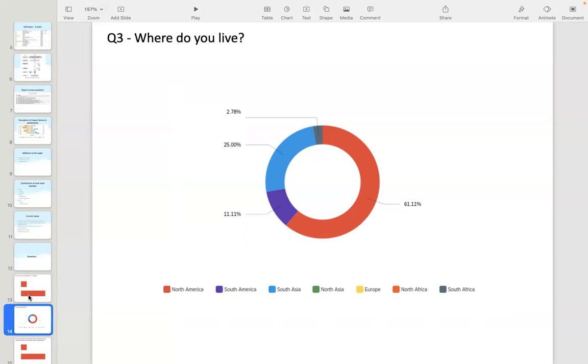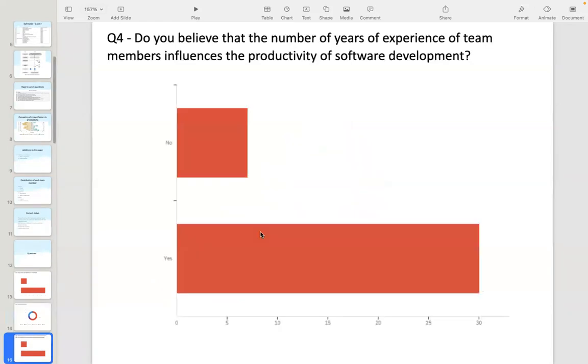We want to keep it increasing. Once we have the whole number, we'll categorize our data across different locations: North America, South America, South Asia, North Asia, Europe, North Africa, and South Africa. We will compare the results across locations in future for phase 3.